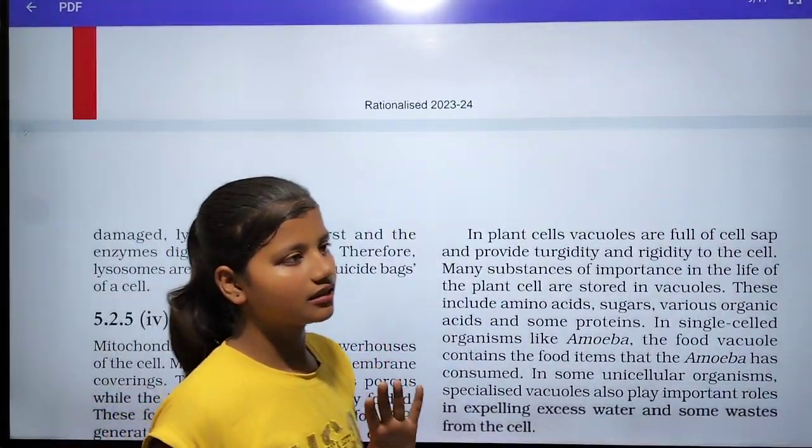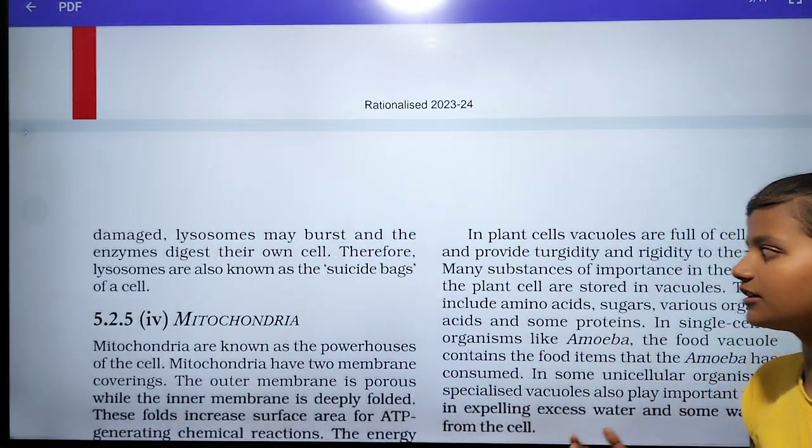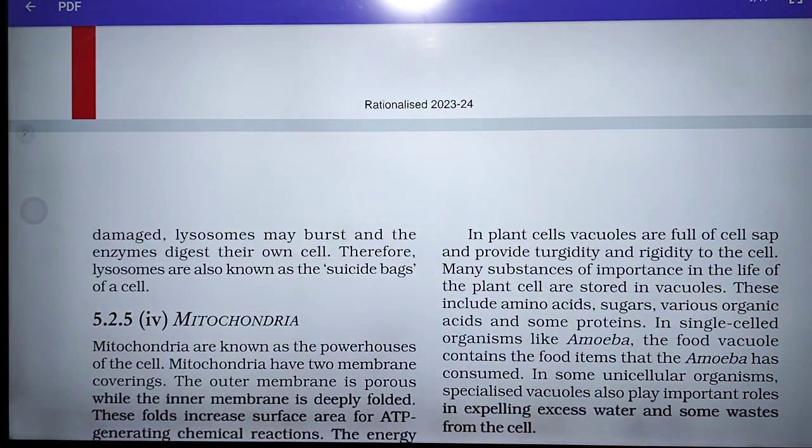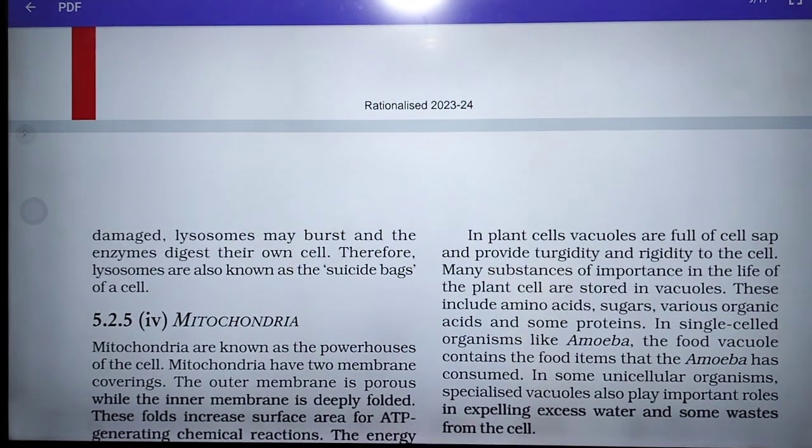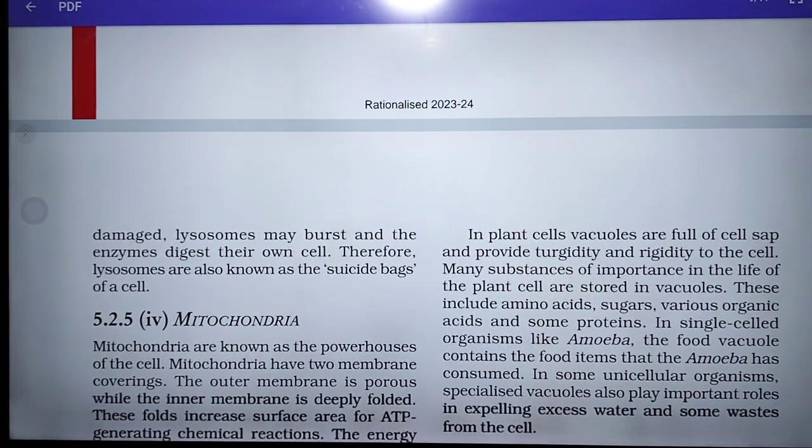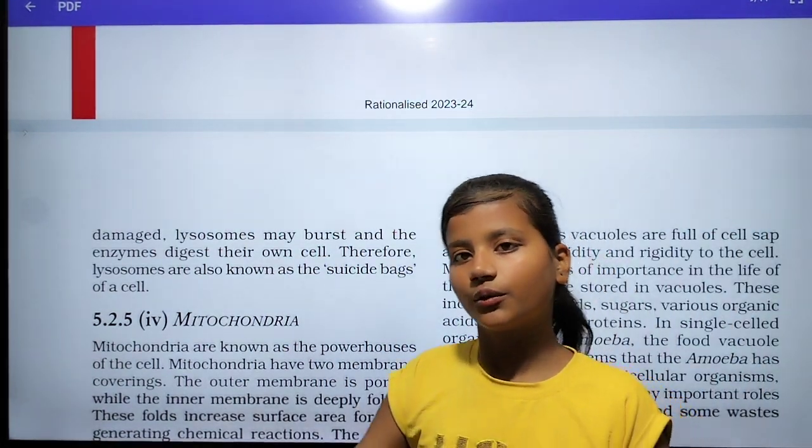When the cell is in a damaged condition, the lysosome may burst and the enzymes digest it. We know that lysosomes have very powerful enzymes, so these enzymes digest their own cells.